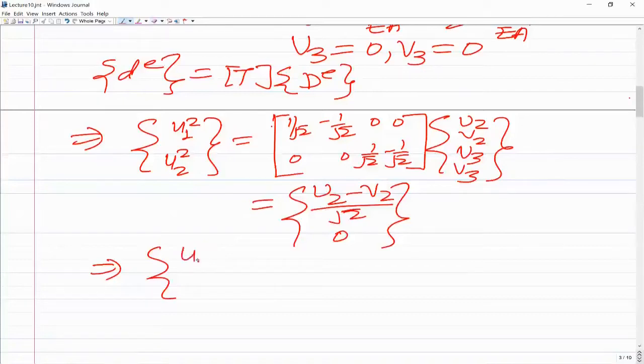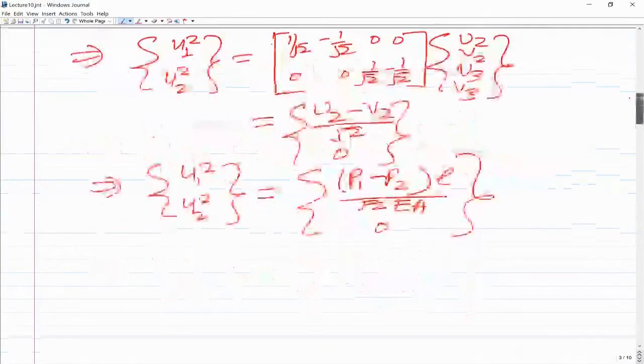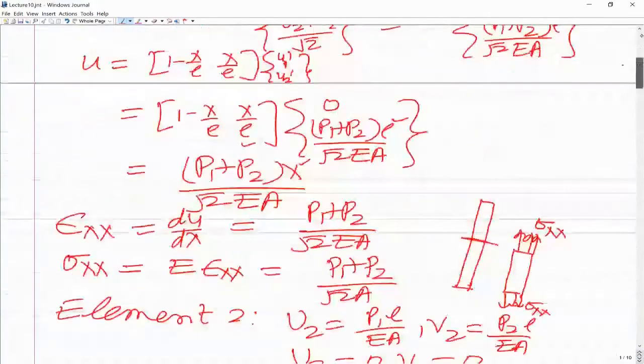So this is small u12, and u22 will be equal to, if you put the values of u2 and v2, P1 minus P2 into L upon root 2 into EA, and 0. So these are the values of the displacement along the local x-axis for the second element.